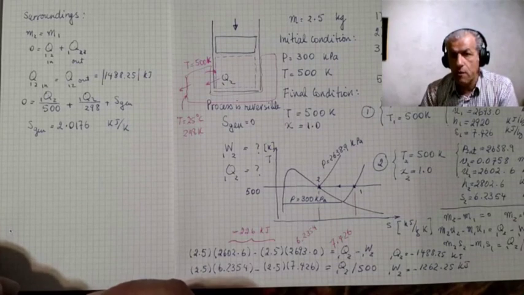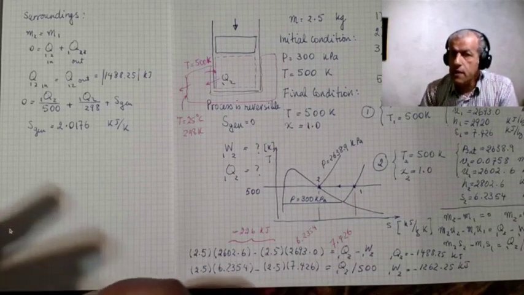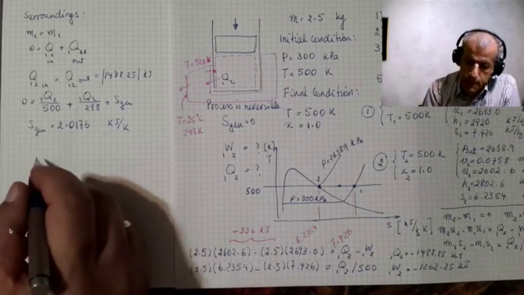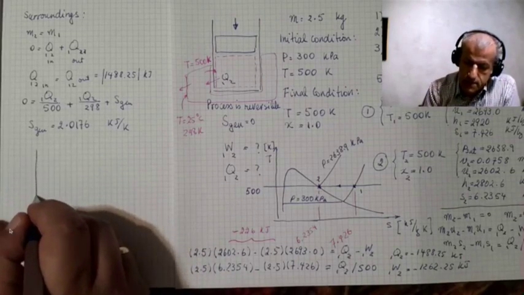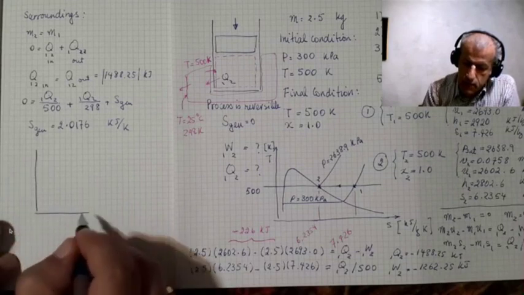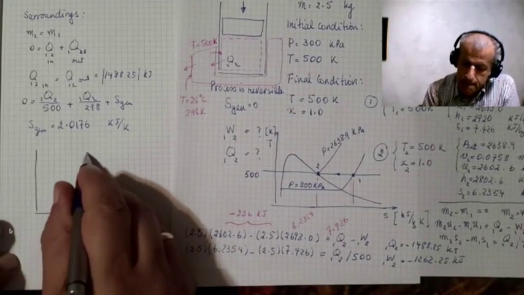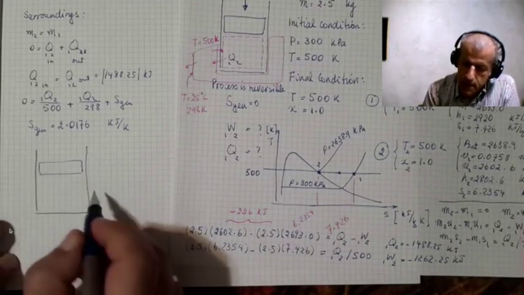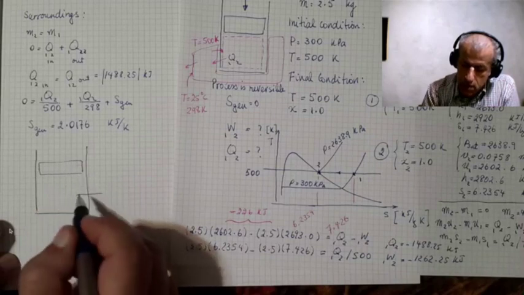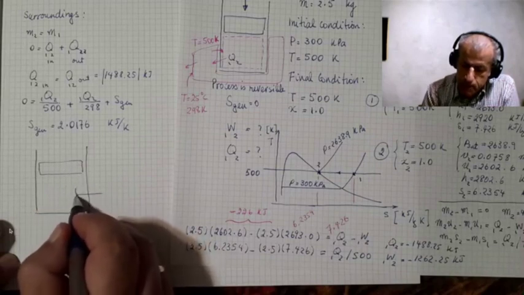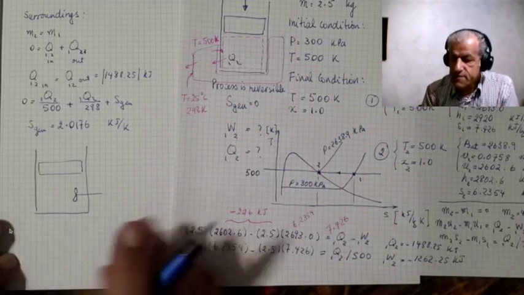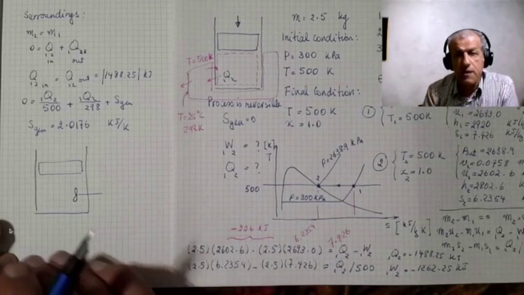Now, I want to do another form of work, which is a propeller. Look, assume that we were to solve the same problem, and the work was not done by just pushing a piston down, but there was a propeller, and this propeller was irreversible.